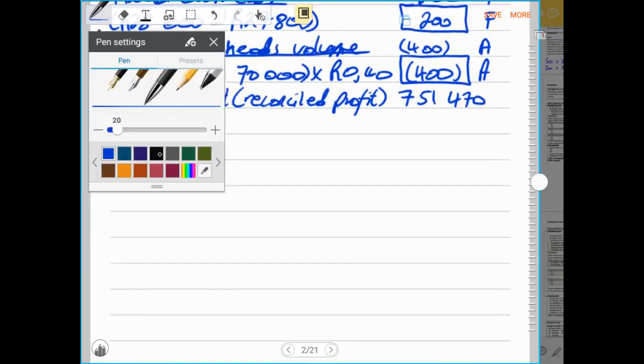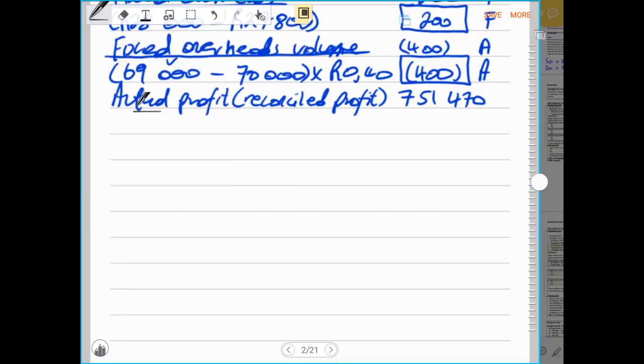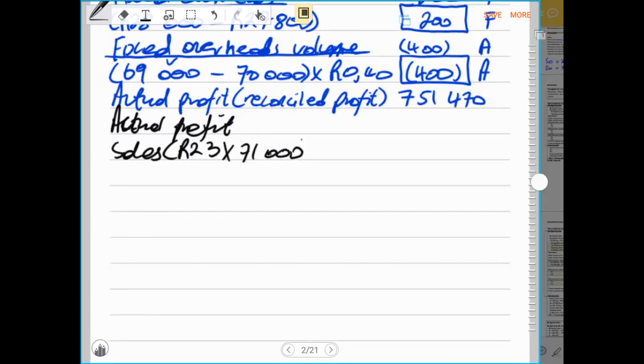Let me just use a different color, and this is just the closing. Then now I'm calculating my actual profit. My actual profit must have the sales, and my sales were 23 Rand per unit, times 71,000 of the units that were sold.